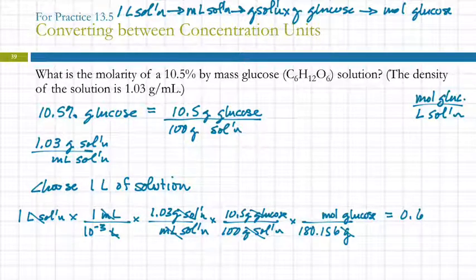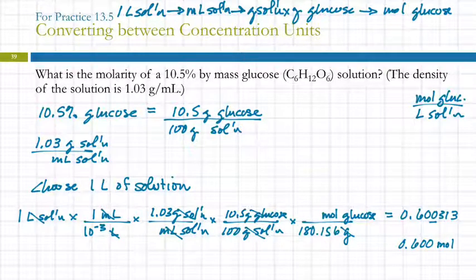Getting 0.600313. 3 significant figures, and so that's going to round to 0.600 molar. Well, wait. Jumping ahead. We were calculating moles there, right?